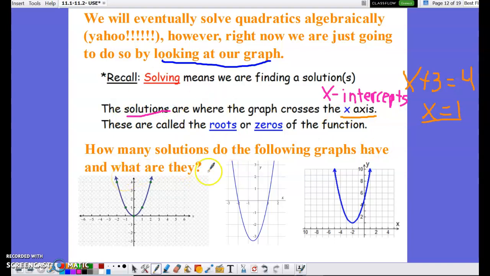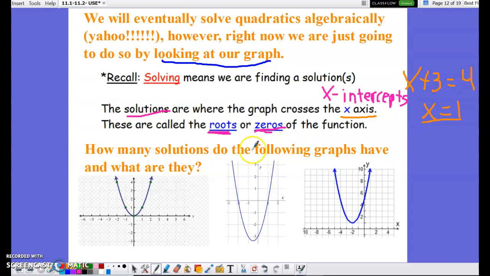Other words for solutions, sometimes I'll call them roots, sometimes I'll call them zeros. These all mean the same thing. They're just the x-intercepts of our quadratic function. Again, these three words, solutions, roots, and zeros, can be used interchangeably.